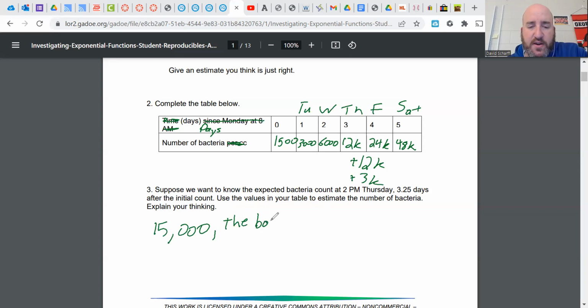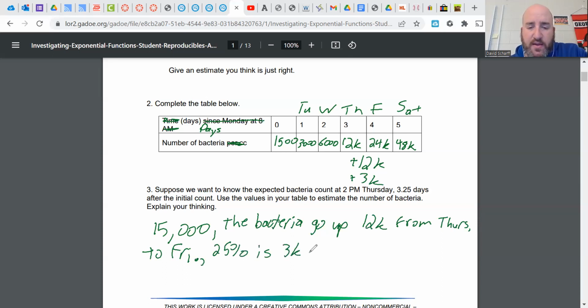The bacteria go up 12K from Thursday to Friday. 25% is 3K.